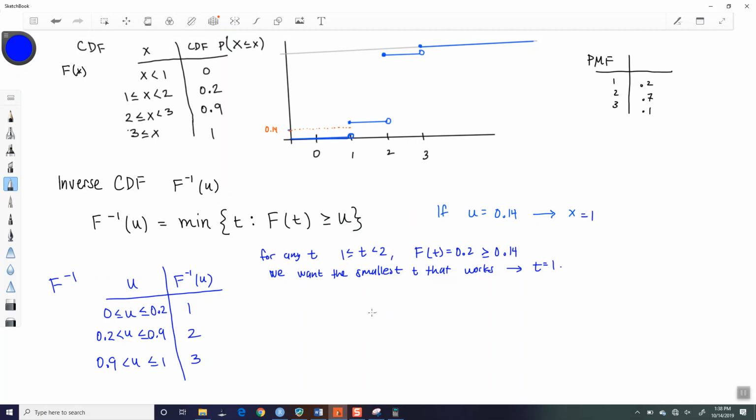Okay, and so the inverse CDF, this is maybe a little harder, but it's not that hard to implement in R, and you can do it. The inverse CDF will look like this.